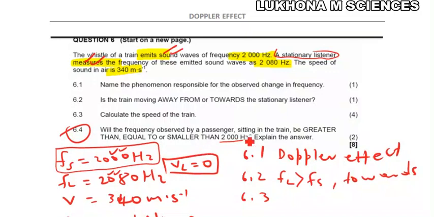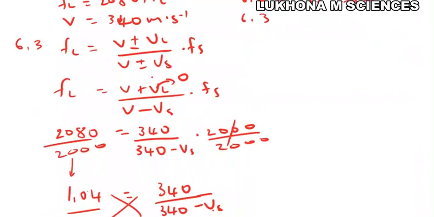Therefore, the answer will be equal to, because the train moves with the listener, so they have equal velocity. There is no change in frequency in that case because of the equal velocities. So the answer is equal to. Now let's go to another question of the Doppler effect.